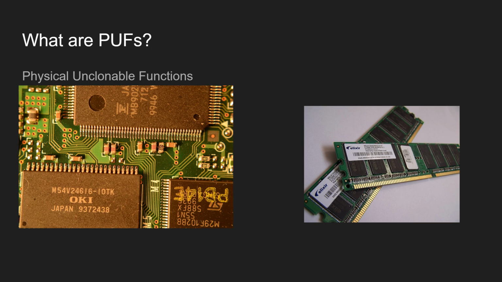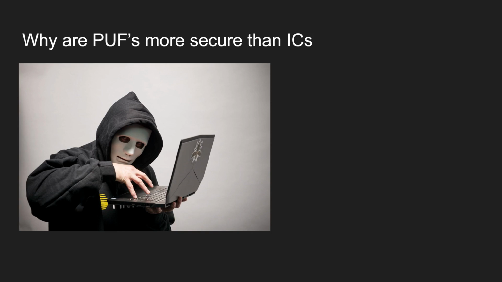Okay, now that we've thought about it, they were needed because you need something more secure than ICs. Integrated circuits are a system that stores a secret value in the virtual RAM of the device. This secret is then used to generate an RSA token, generate different RFID tokens to be able for people to get into their accounts, or to get into the devices.